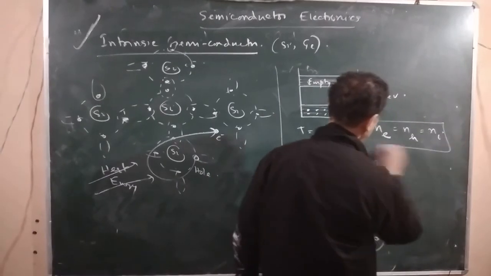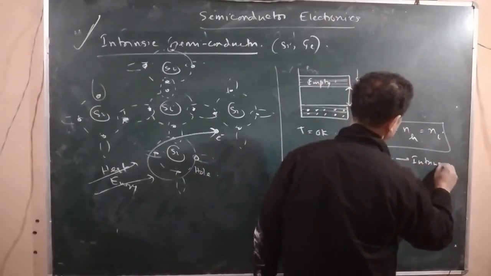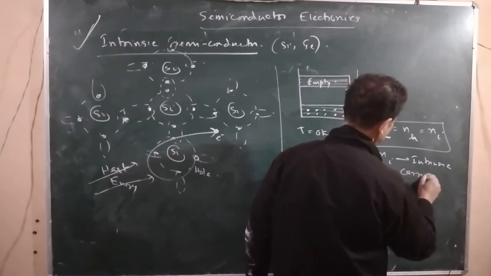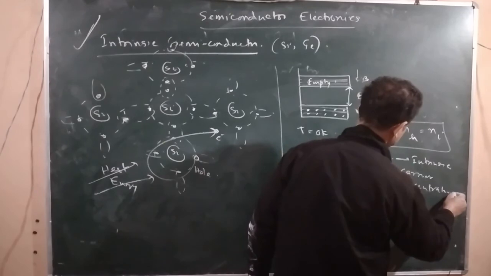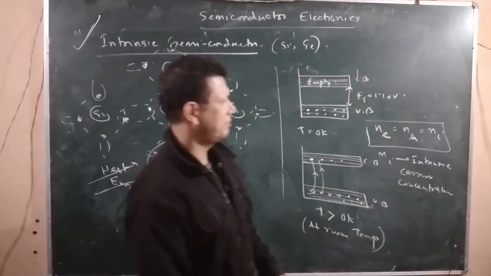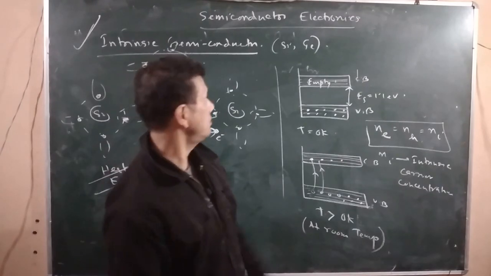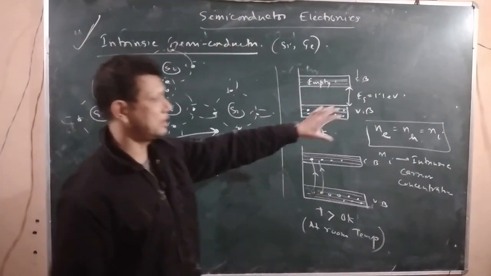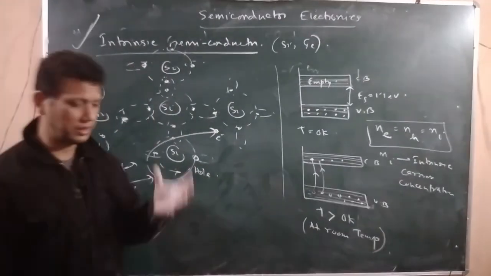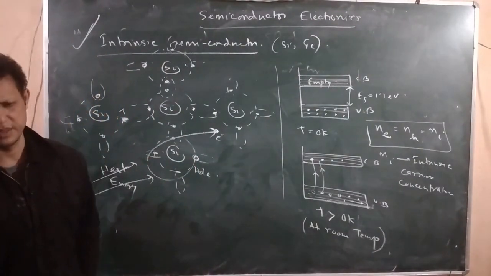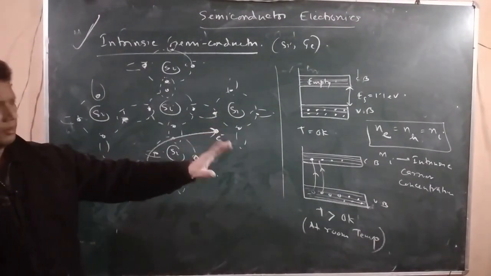Ni is known as intrinsic carrier concentration. The number density of electrons and holes are always equal in case of intrinsic semiconductor. So this equation always holds in case of intrinsic semiconductor, which are naturally formed. Okay.